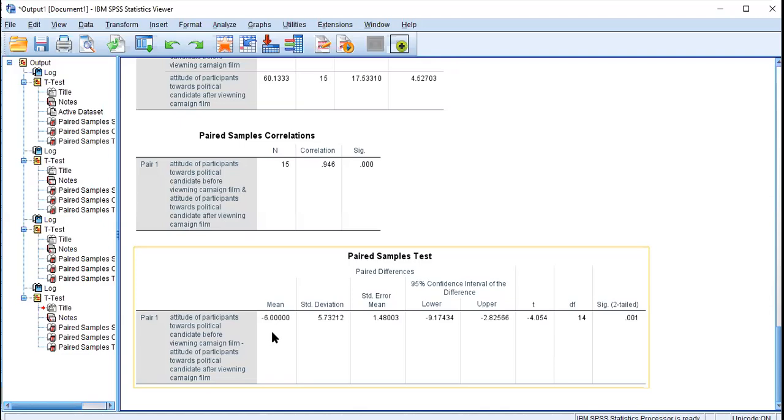Now coming to the last part of the question, where we are talking about the interpretation of data. Let's write the interpretation. So I'm just speaking the interpretation now.